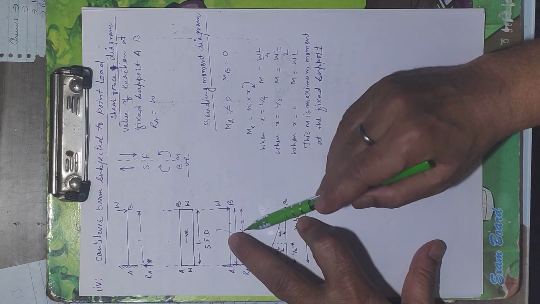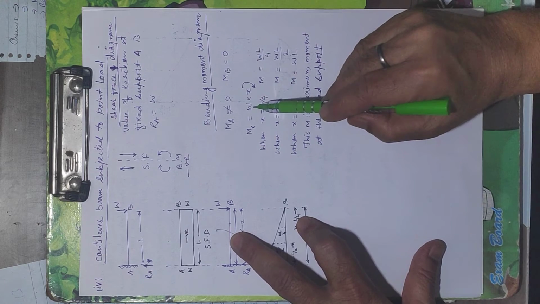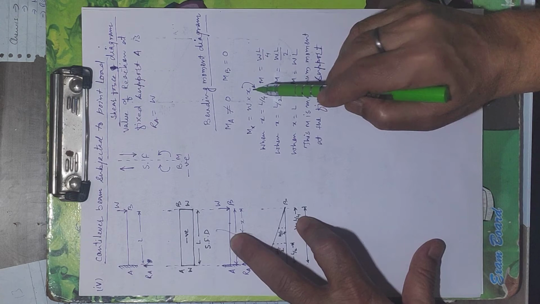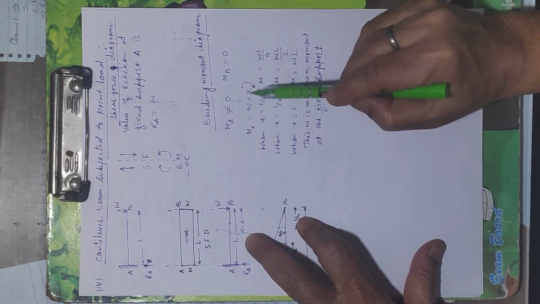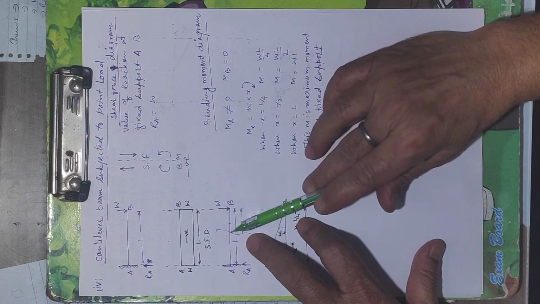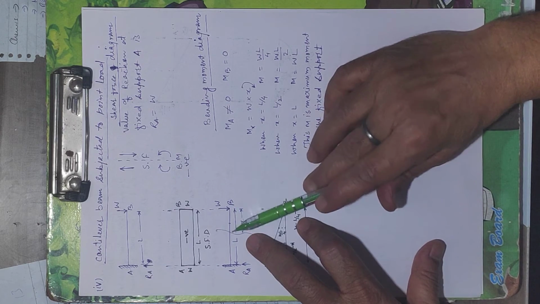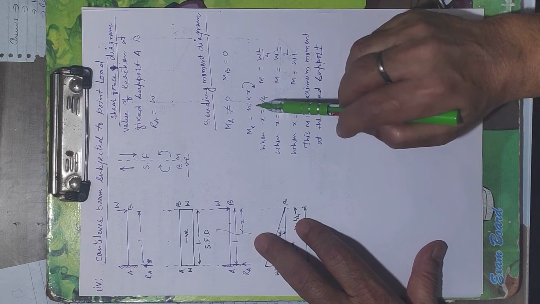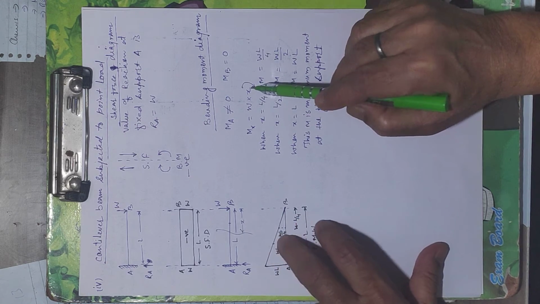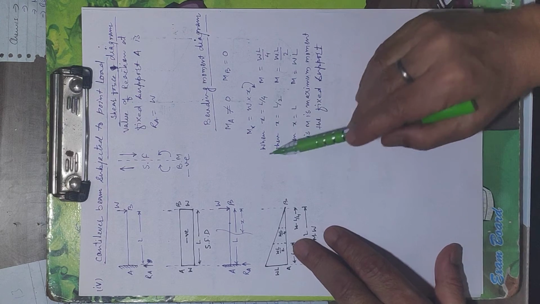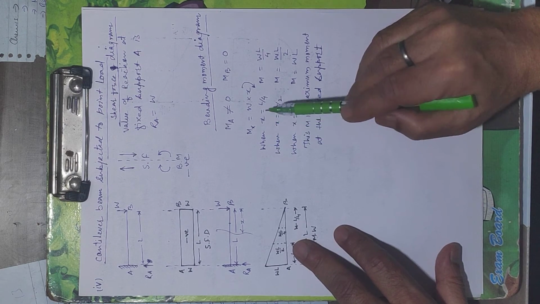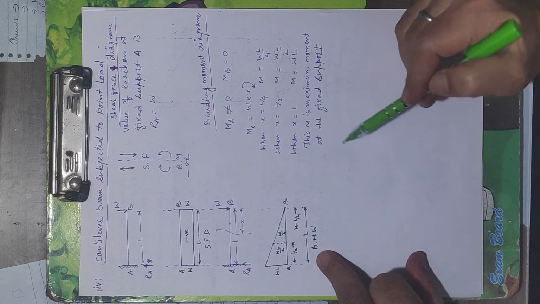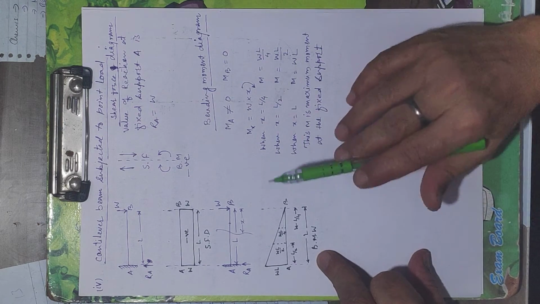Moment is equal to load into perpendicular distance, so W into x. Between this section and B there is no other load, so the value of Mx will be equal to W into x. Now we put different values of x, and we get the moment at different points.